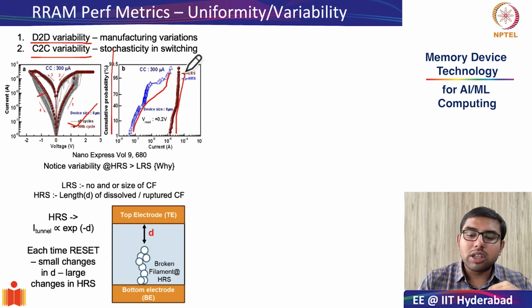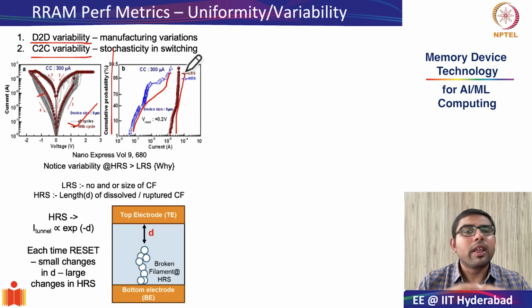So a natural question which comes to our mind is, this is the case for most RRAM devices, that the variability in the high resistance state is generally much larger than in the low resistance state. So why is that the case? This is because the physical mechanisms involved in the HRS and LRS, and their associated variability, are very different.